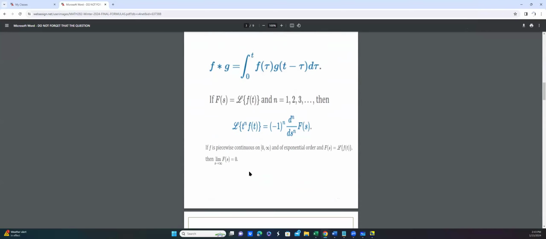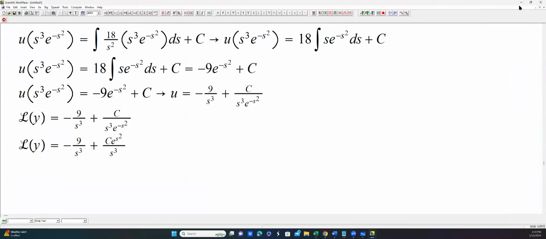If you let s go to infinity, then the Laplace transform should be what? That should be zero, right? Am I clear? Okay. So what happens is this.